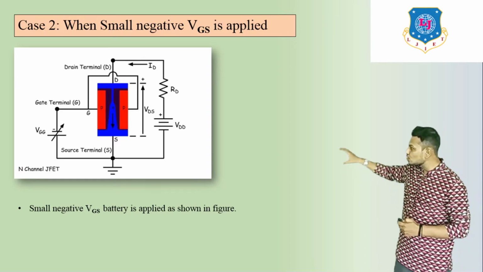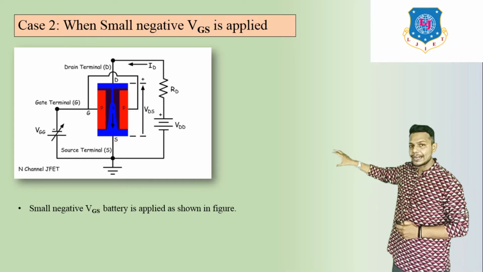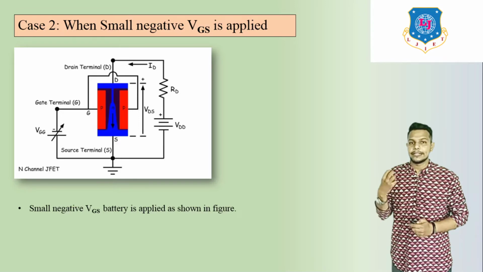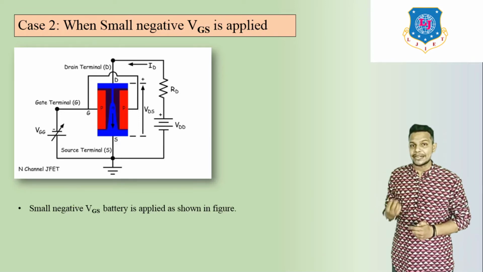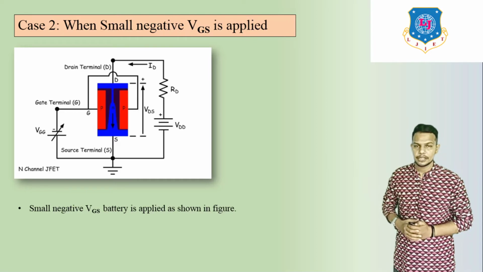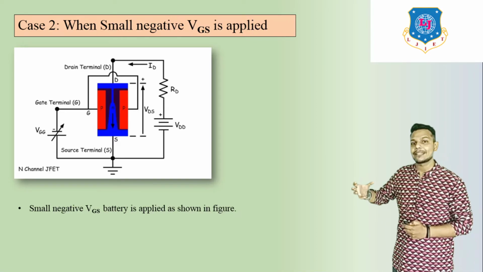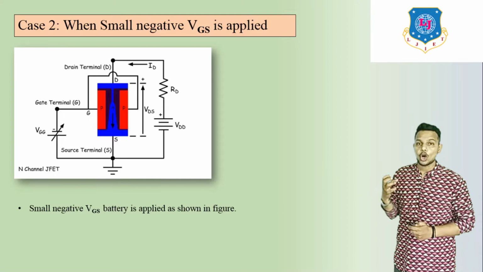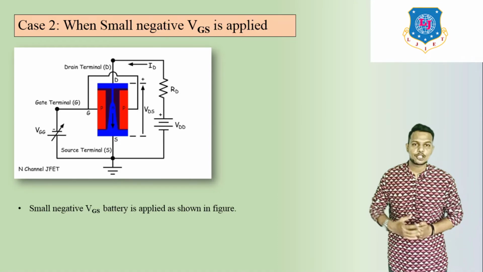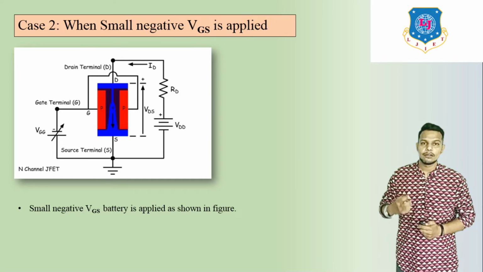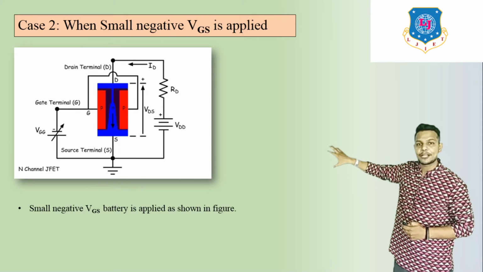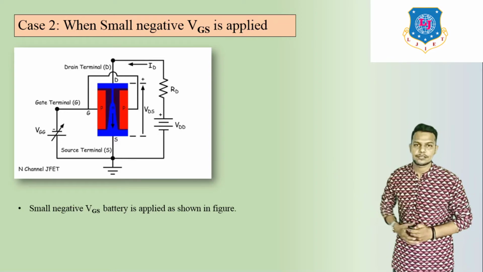If we apply a small negative voltage at VGS, that means the depletion region width penetrates more into the N channel. If it penetrates more, it is an obstacle for the flow of drain current. That means your drain current flow will be reduced whenever your depletion region width is increased.